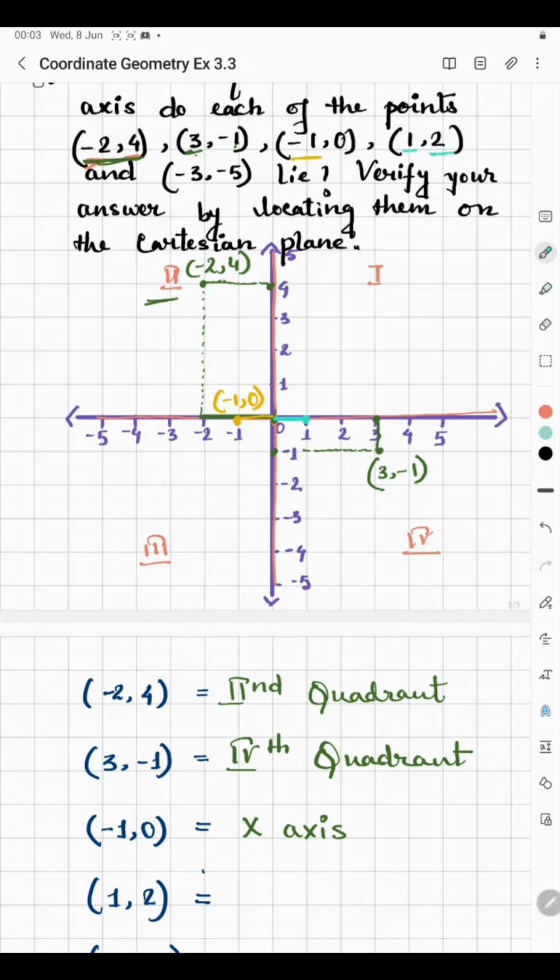From the origin we'll go up. So here is 2. Now from 2 if you draw a perpendicular line, and from 1 if you draw a perpendicular line, both lines meet over here. So this is the coordinate (1, 2), and it lies in the first quadrant. So we'll write it lies in the first quadrant.